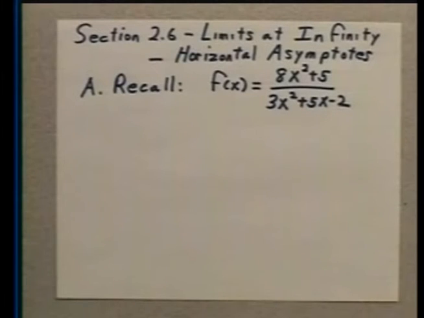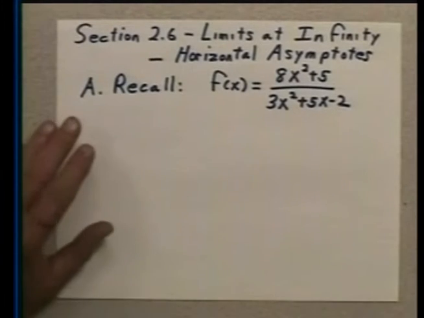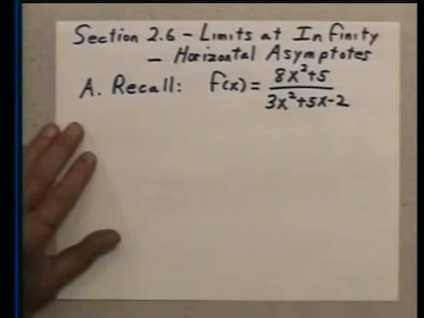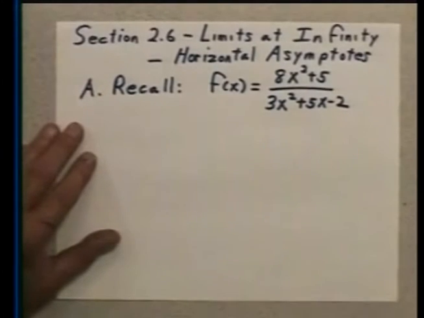When we reviewed these functions in chapter 1, we said one of the characteristics you expect with a rational function is what? The occurrence of asymptotes.